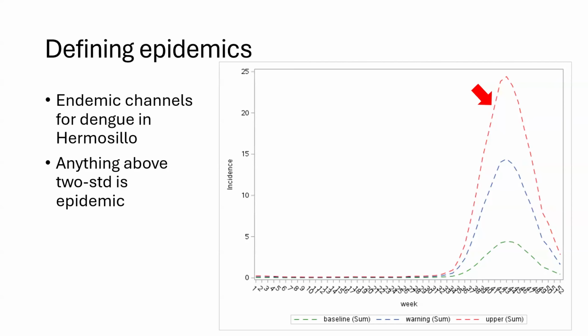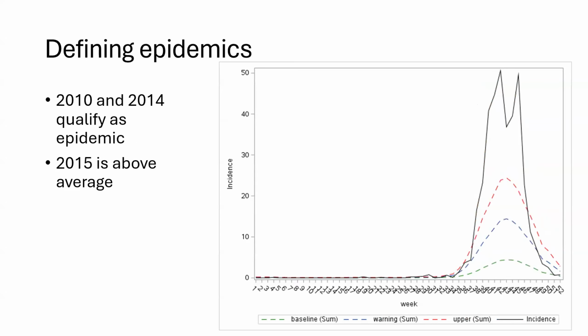So we make this channel and we plot our dengue cases for each year across this to see which ones qualify as epidemics. What we saw is that 2010 and 2014 qualify as epidemics. On the right here, this is the endemic channel again, with the cases for 2010 mapped out over it. What we see is our second standard deviation here that indicates anything above this is an epidemic outbreak.